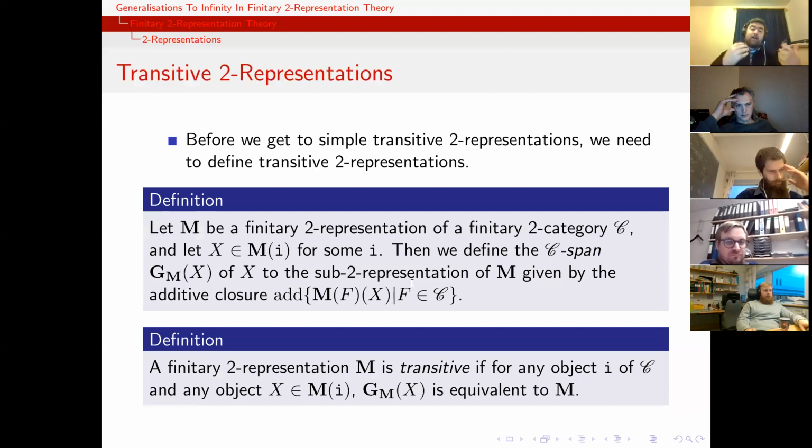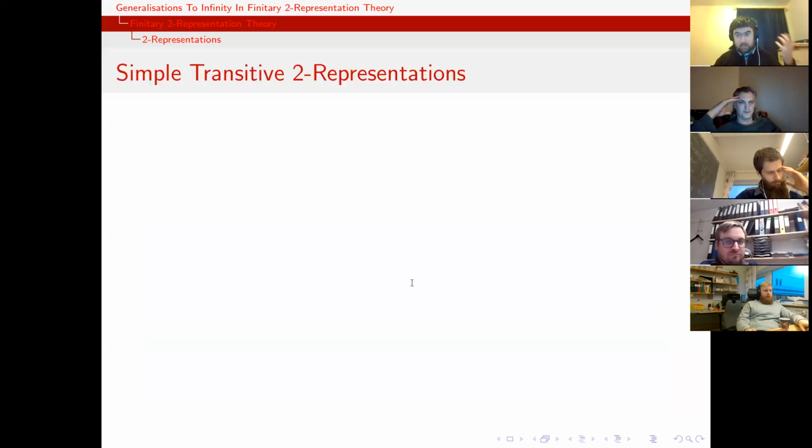So then a finitary two representation M is transitive if given any I in C and any x in M of I, the C-span of x is an equivalent two representation to M itself. So whichever caveat, as long as x is not zero, any non-zero x generates the entirety of M. So now we can actually define simple transitive two representations.